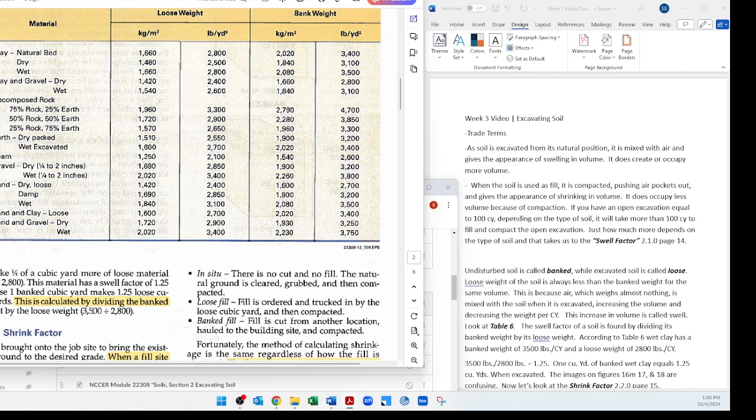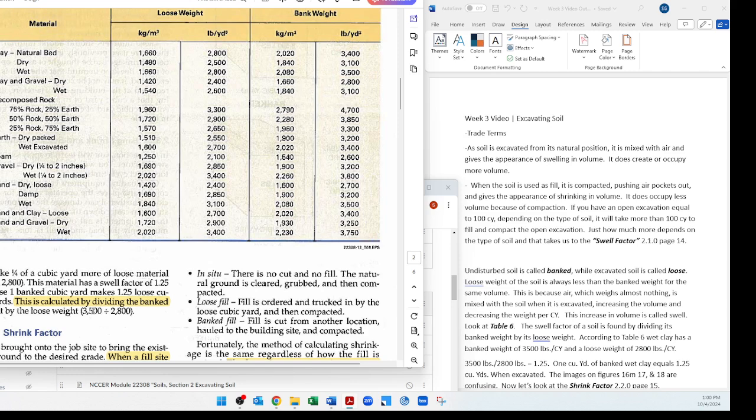So if you want to know how much bigger your soil with a swell factor is going to get volume-wise, you would multiply the volume of the soon-to-be hole you're going to get it out of.